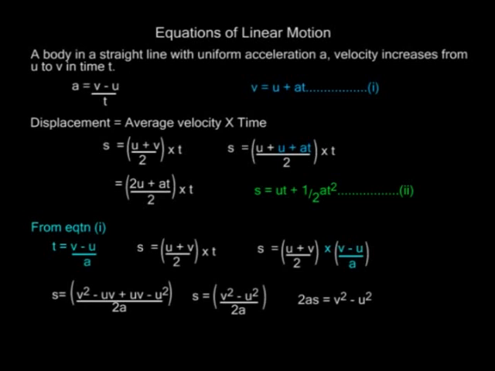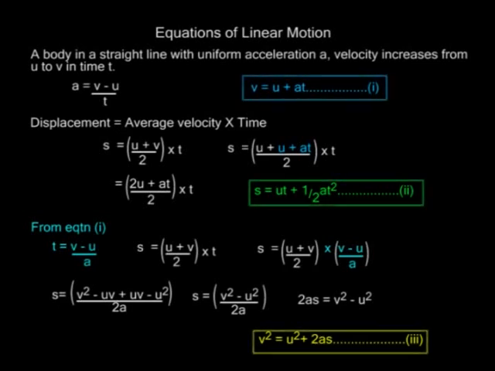Making v squared the subject of the formula, we shall have v squared is equal to u squared plus 2as, and we call that equation 3. Now, these three equations are called the equations of linear motion. And for a body moving with uniform acceleration, any of these three equations can be used depending on the quantities given.